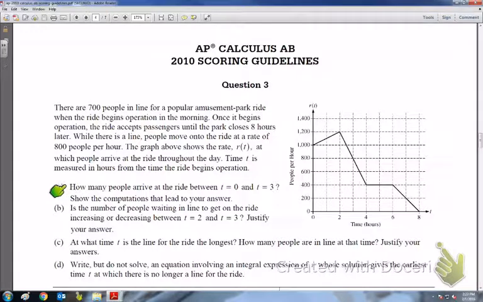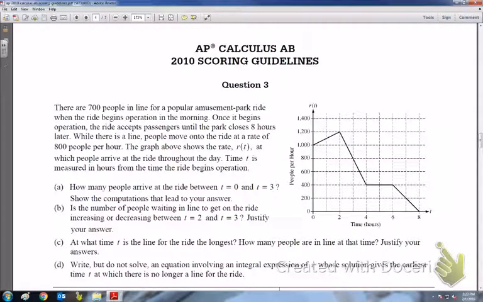Part A, how many people arrive at the ride between t equals 0 and t equals 3? Show the computations that lead to your answer. People are arriving to the ride at this rate. It's always changing, but we can figure out how many people have arrived. Units. They say how many people. If this is in people per hour, and I multiply people per hour times hours, that would give me people.